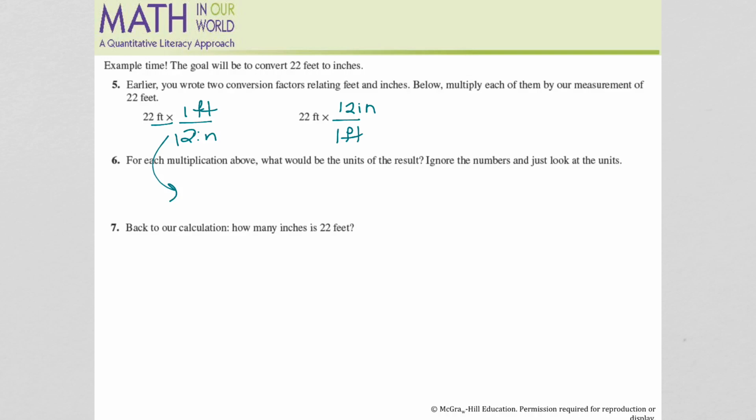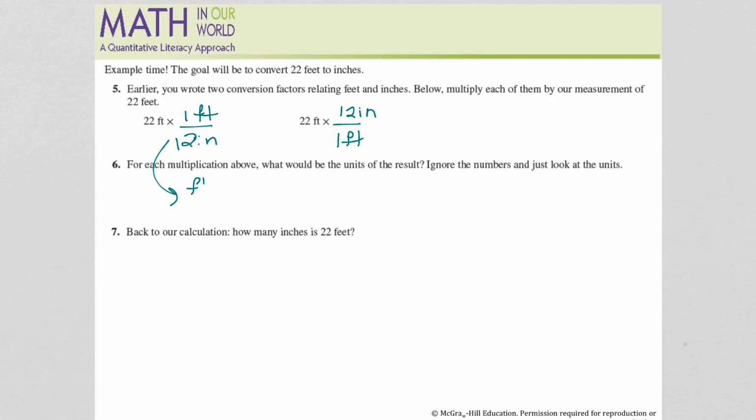Well, here we have feet times feet. Feet times feet would be feet squared on the top and just inches on the bottom. Here, the feet cancel out, so we're just left with inches. So that's why when we're going from one to the next, we have to make sure that if one unit's on the top, then that same unit is on the bottom. Or if the unit's on the bottom, then that same unit is on the top when we multiply. So how many inches is 22 feet?